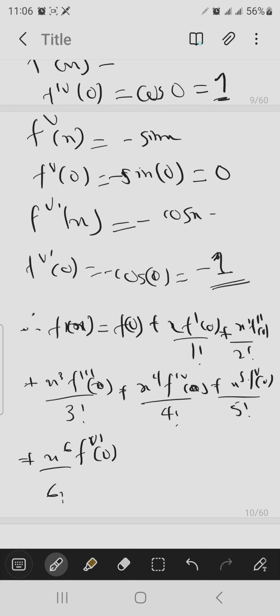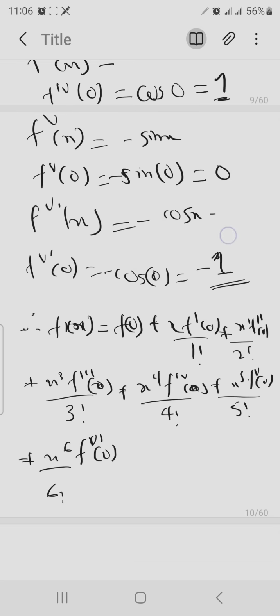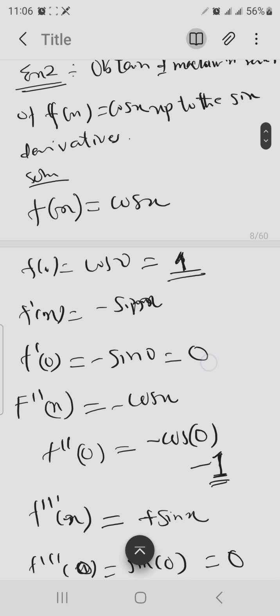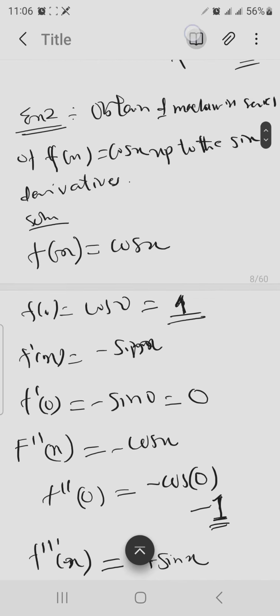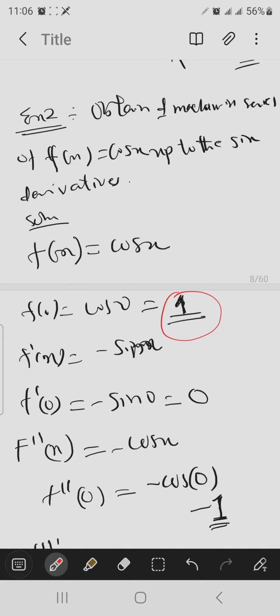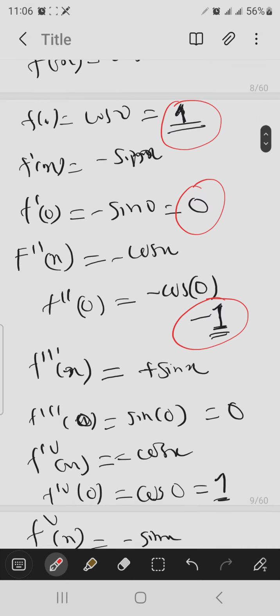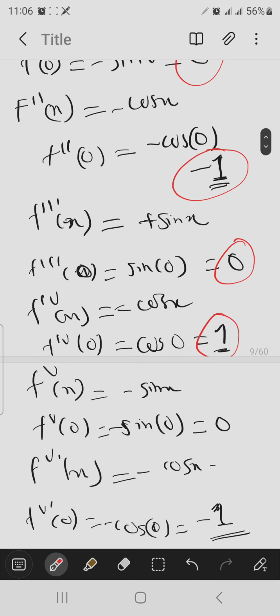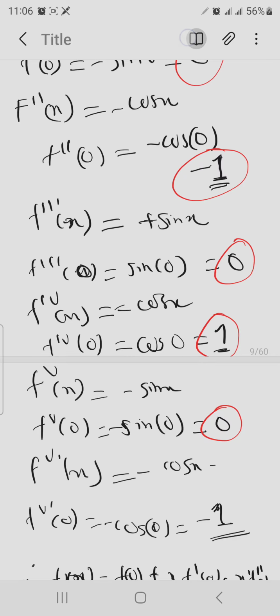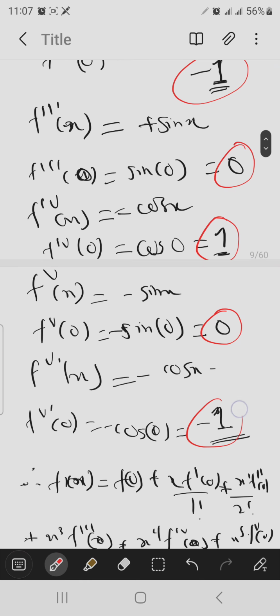Now one thing you are going to do is that all these values of f of 0, f prime of 0, f double prime of 0, you must know these.